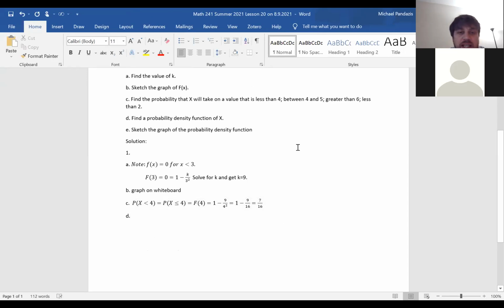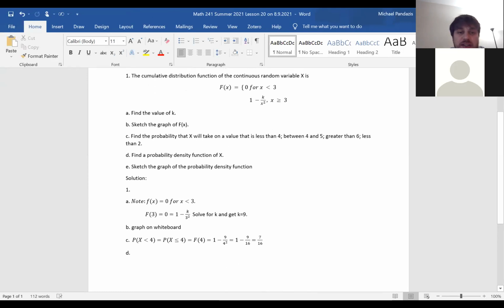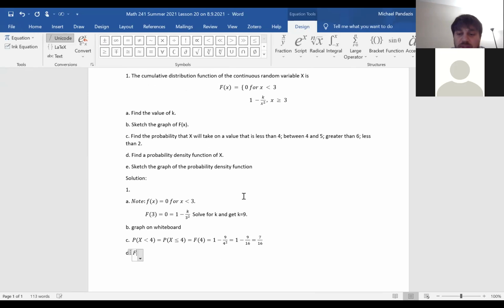And D, find a probability density function of X, right? This is not unique. One way is to take the derivative, capital F prime of x. That's d/dx of 1 minus 9 over x squared, which is d/dx of 1 minus 9x to the negative 2.